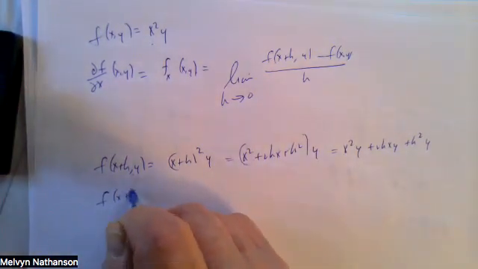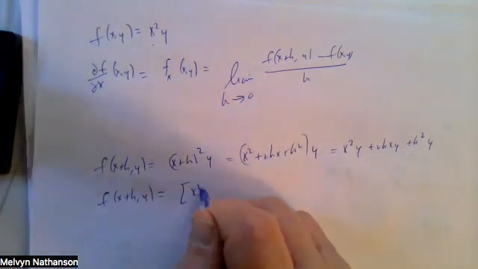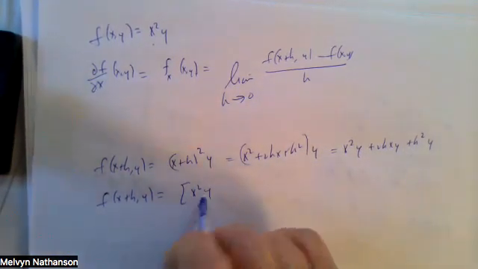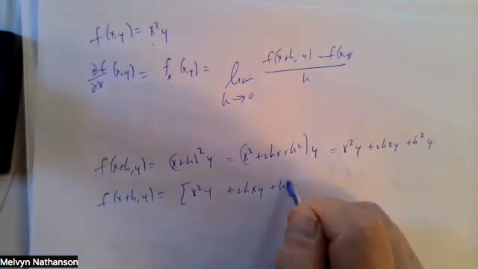So f of (x plus h, y) is this: x squared y plus 2hxy plus h squared y.